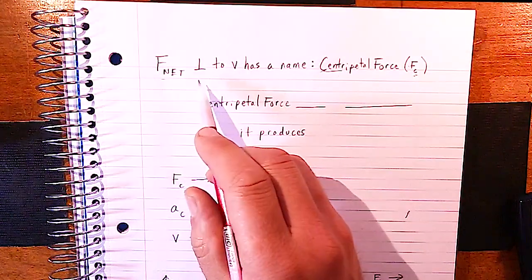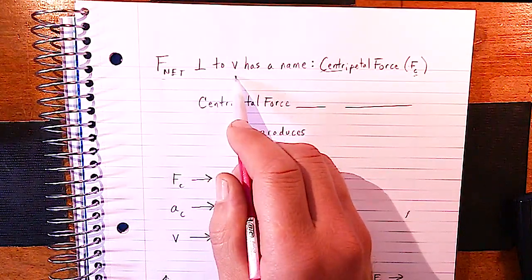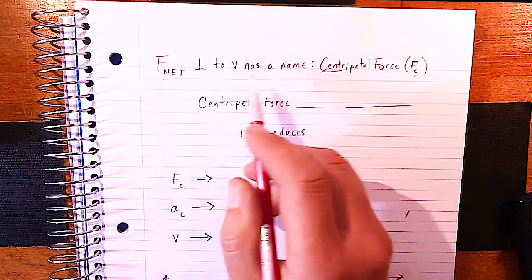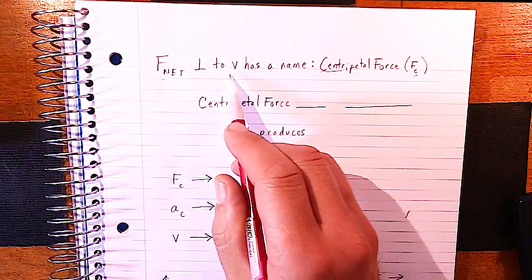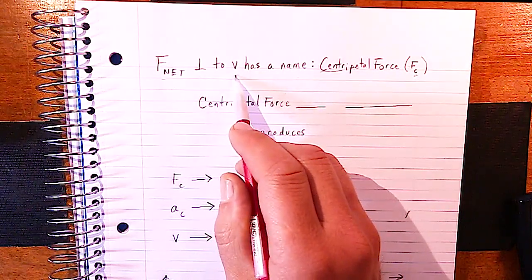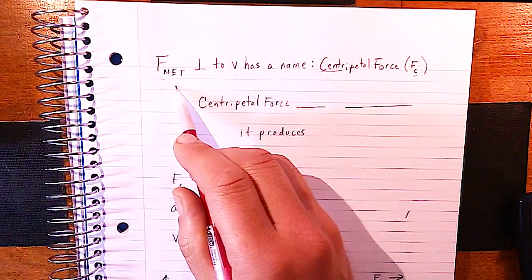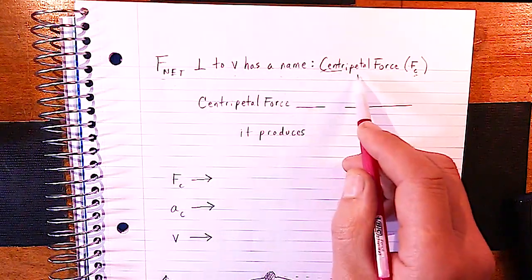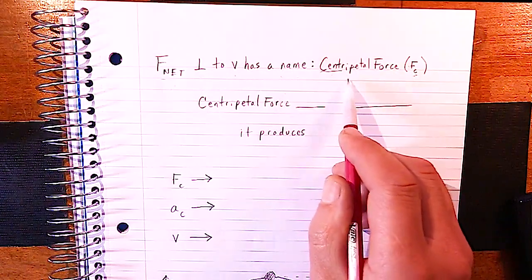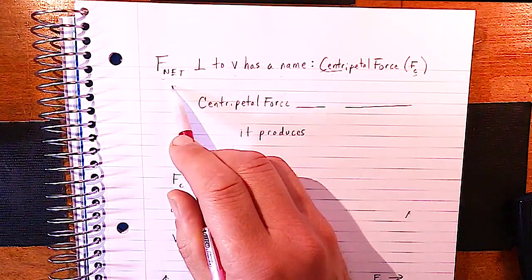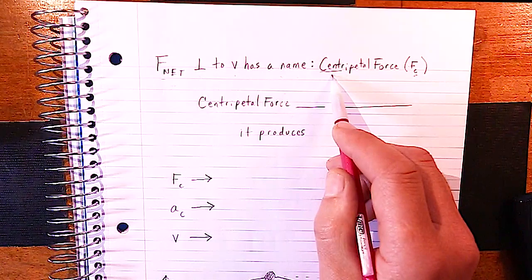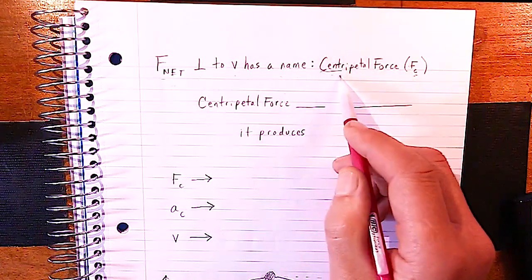When the net force is perpendicular to the velocity, it has a name. If it's perpendicular to the velocity, it's acting towards the center of the circle. So we call this net force a centripetal force, but don't forget that it's still a net force. How can we remember that it acts to the center?